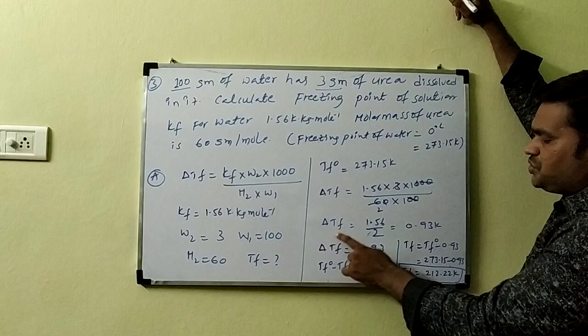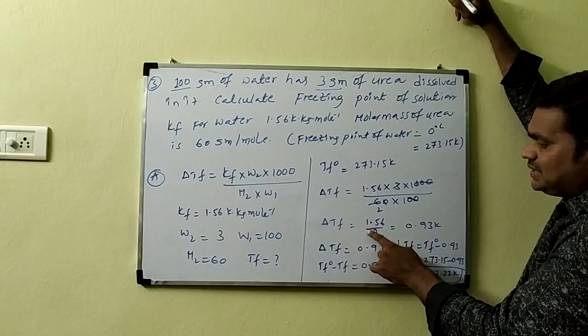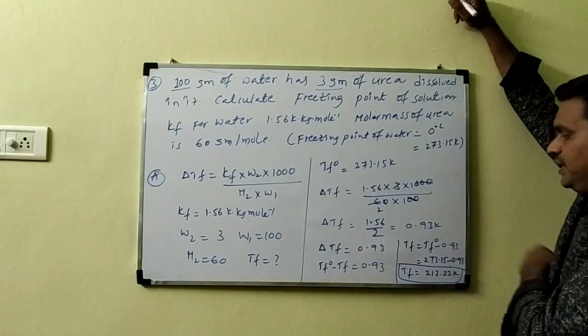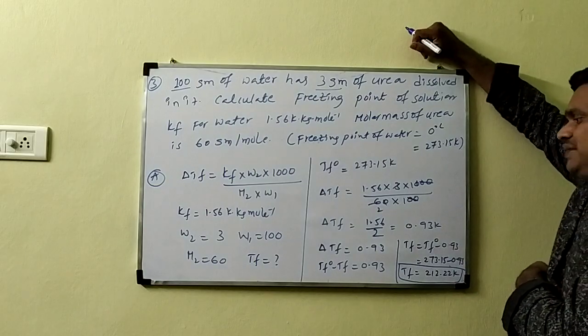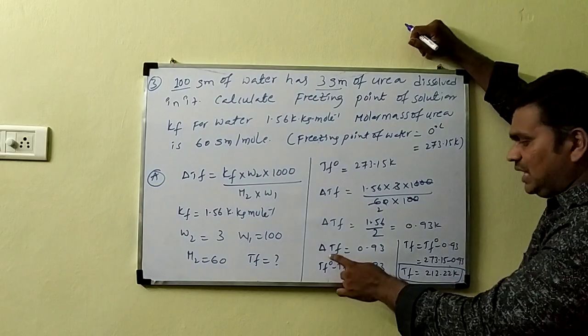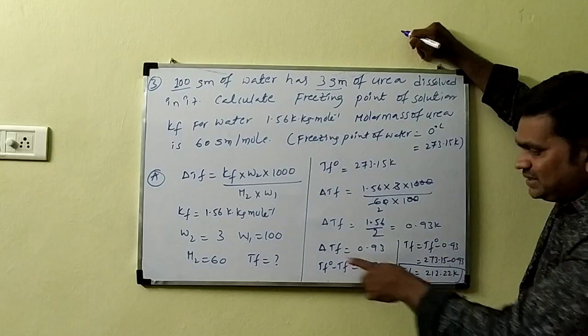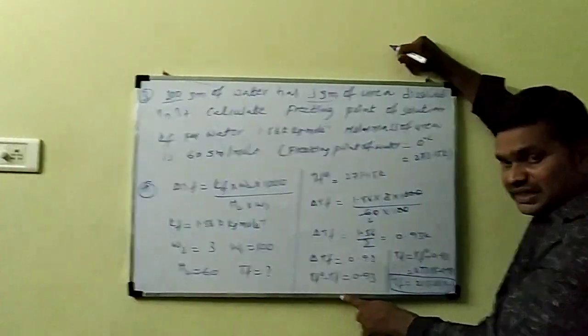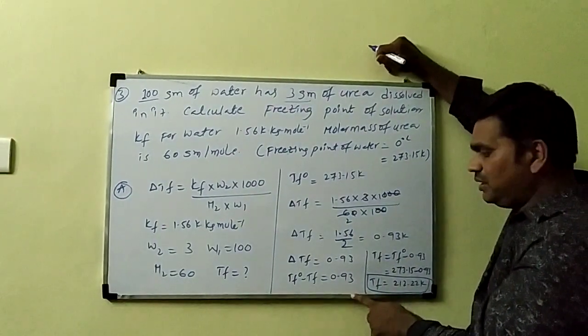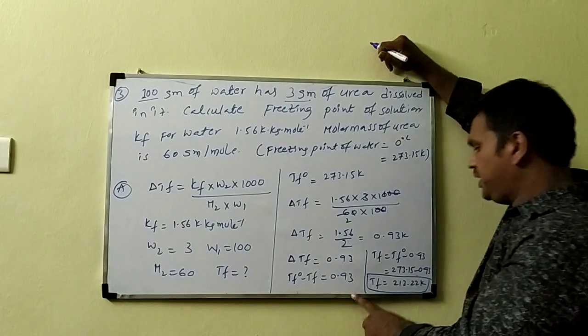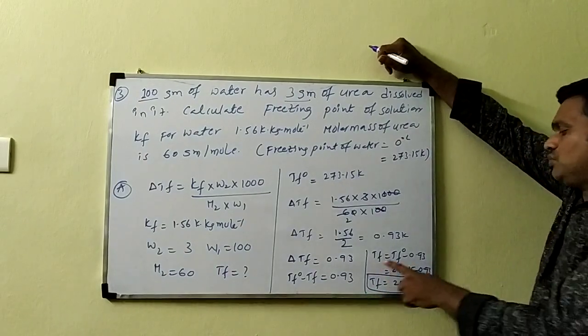Delta Tf is equal to 1.56 by 2. What will you get here? 0.93 Kelvin only. So delta Tf you got is 0.93. What is delta Tf? Tf naught minus Tf, that value is 0.93. From this we have to find out which one? Tf only. Tf is equal to Tf naught minus 0.